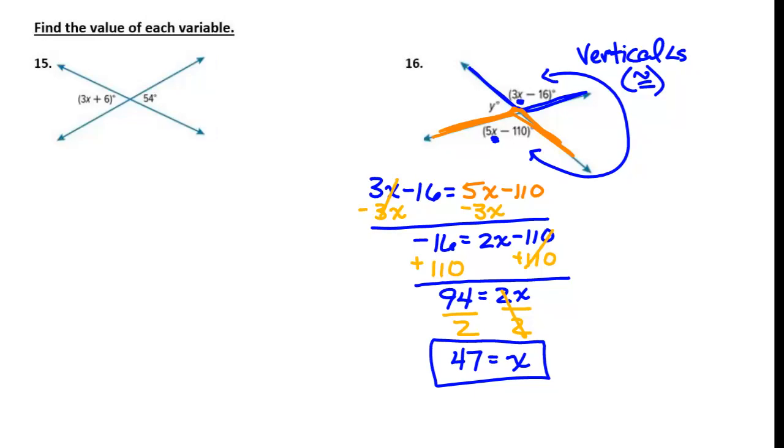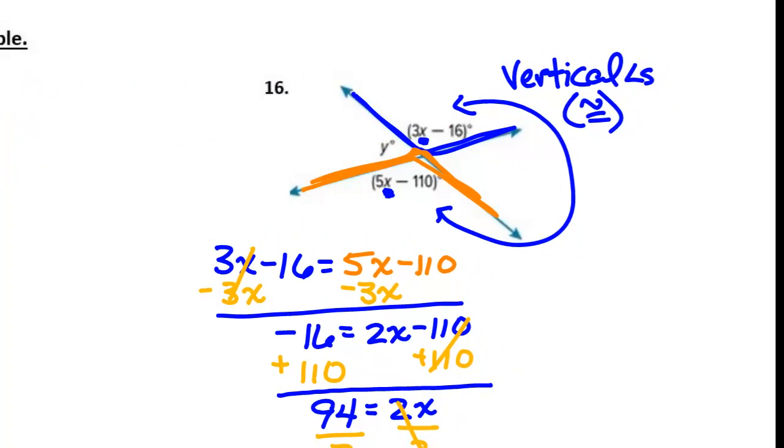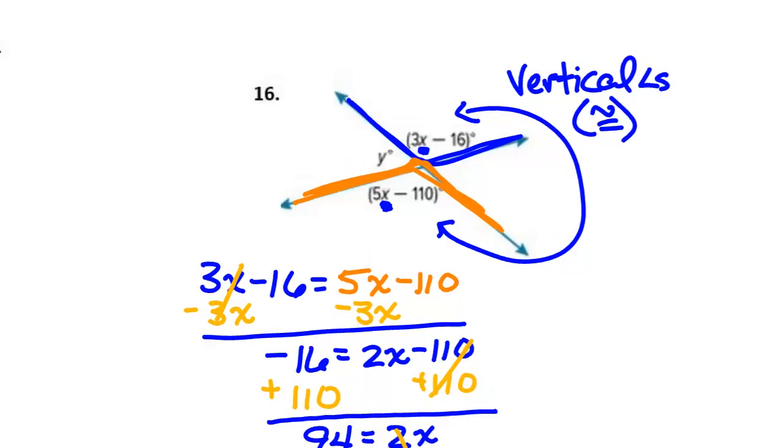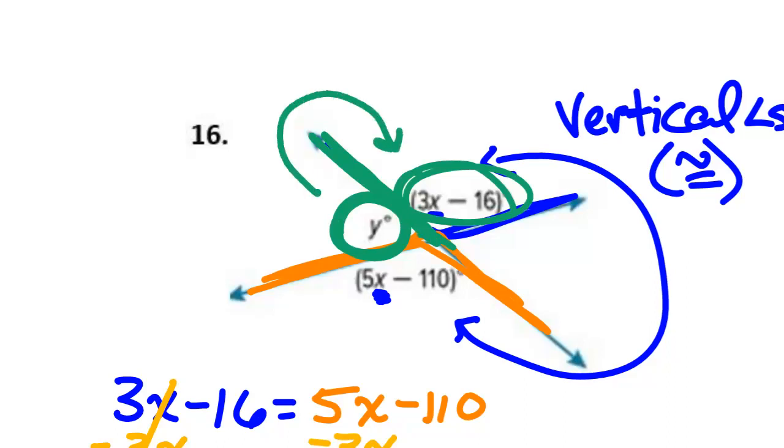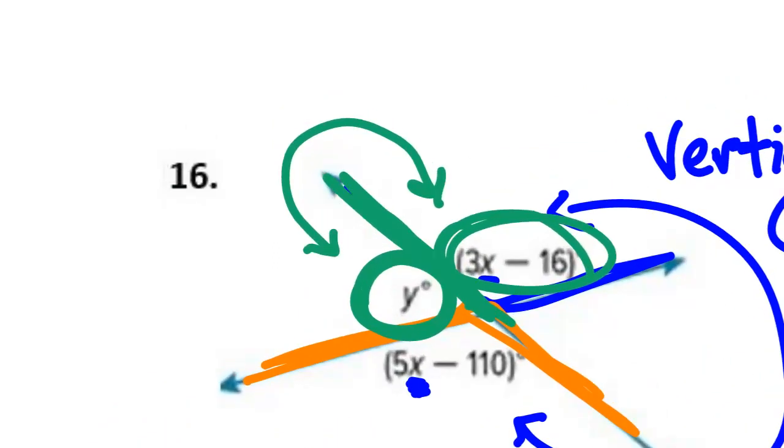Now we still need to find y. Y plus 3 times 47 minus 16 equals 180. This angle and this angle: do you see how they share this side right in between them? That means they're adjacent angles. Specifically, these adjacent angles are what special kind? Linear pair.